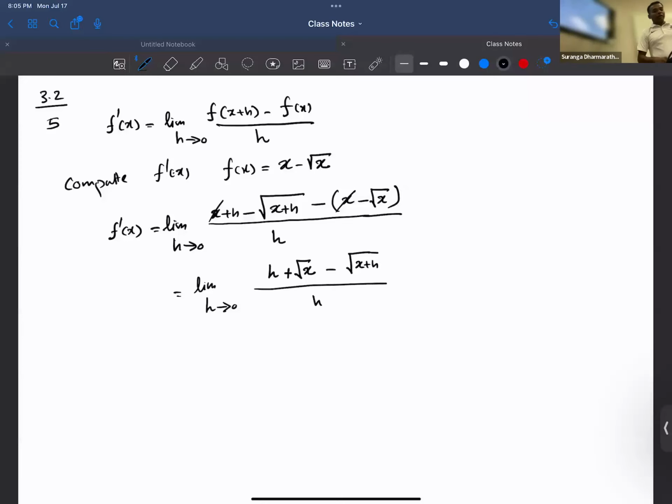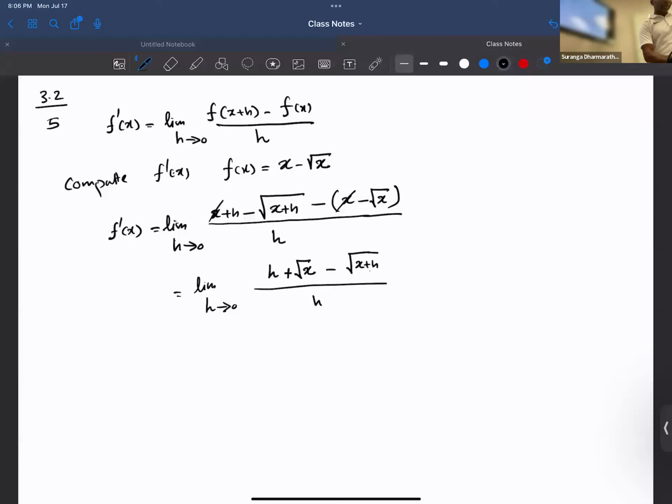So what I'm trying to do right now is, if you put h equals 0, the denominator would be 0, right? And then in the numerator, this one is going to be 0, and this one is going to be 0.